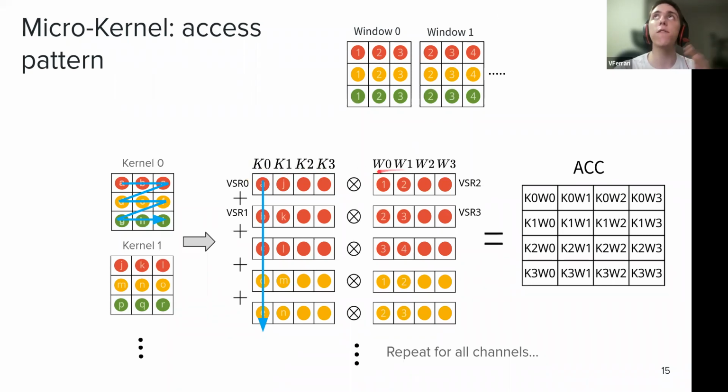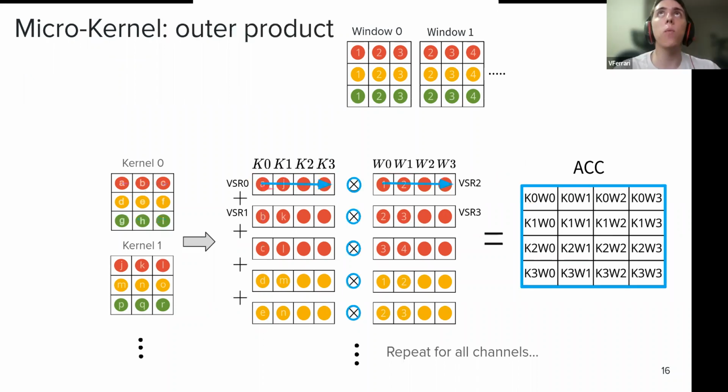So we start with 4 filters and 4 windows, and then you get 16 results with every combination between filter and window. One outer product does one partial result of every one of these 16 elements. And then you accumulate multiple outer products on top of each other for all of these elements of the windows and filters and for all channels. And then you get a full convolution output. So this is how we use an outer product microkernel to compute a convolution.